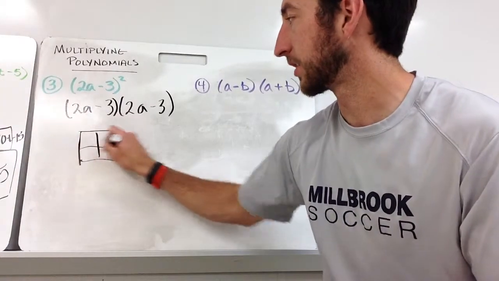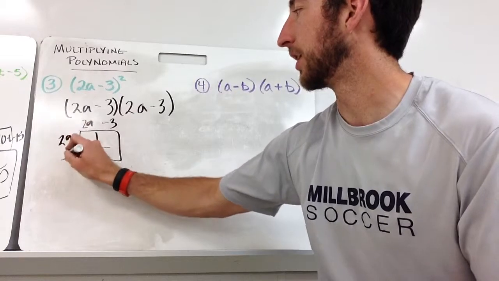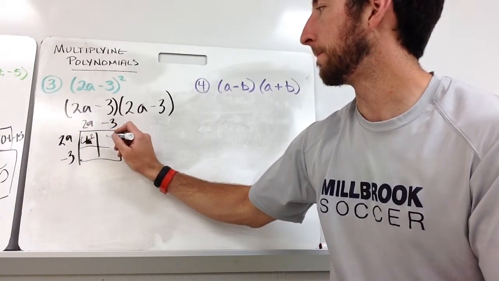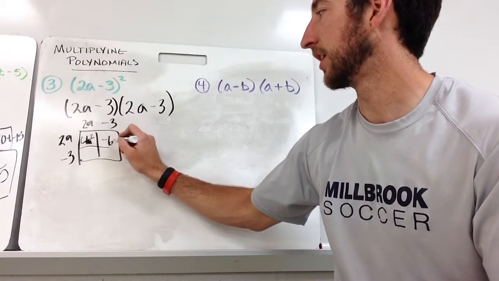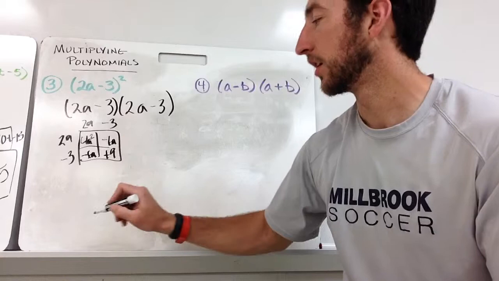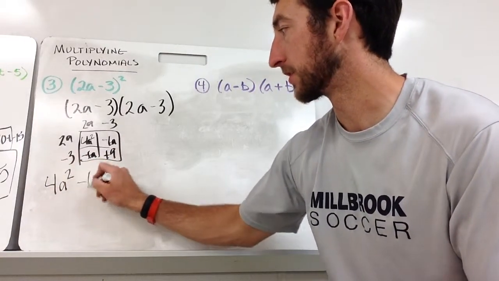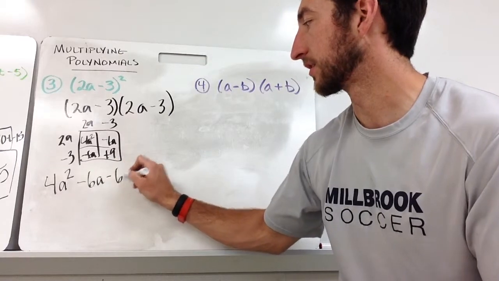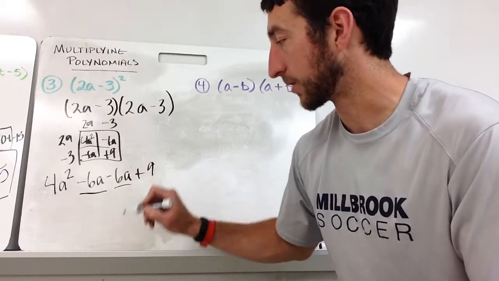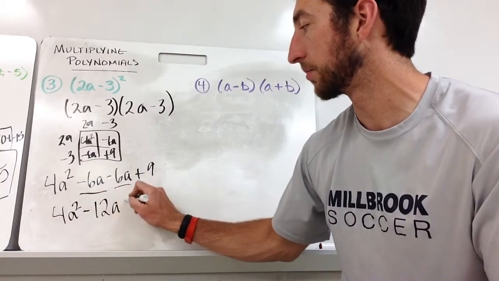Now I draw my rectangle, got my 2a minus 3, 2a minus 3, so that's 4a squared minus 6a minus 6a plus 9. Combine my like terms. Got 4a squared minus 12a plus 9.